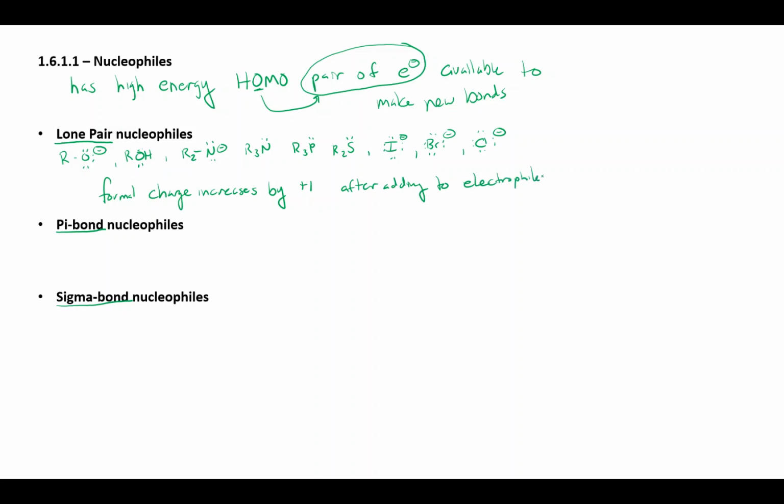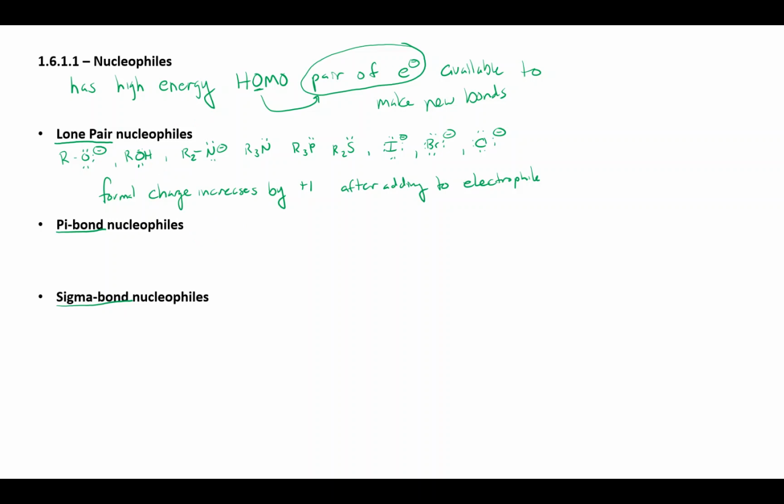We convert the lone pair into a sigma bond that increases the formal charge of whatever atom is sharing that lone pair, right? If you take RO minus and you add it to a carbonyl, right, the oxygen of your nucleophile becomes neutral once you've done it. Right. So lone pair nucleophiles, I think we understand pretty well.